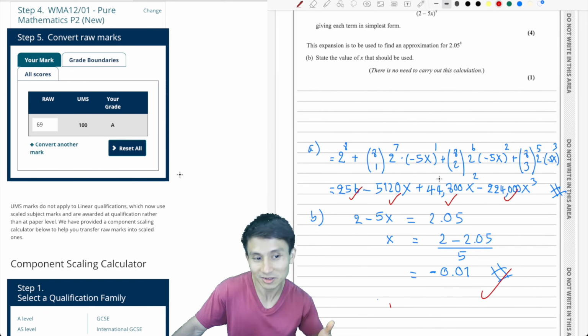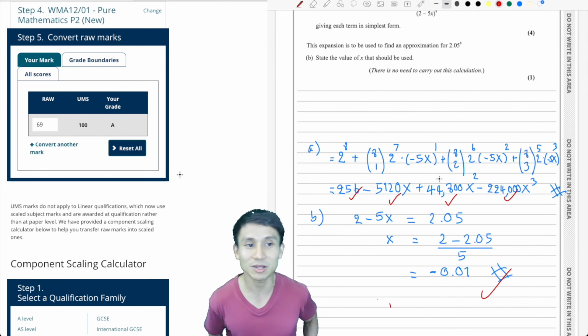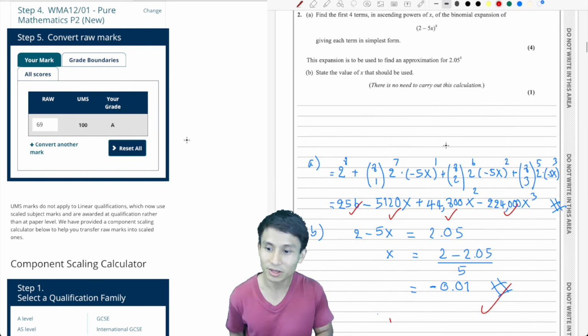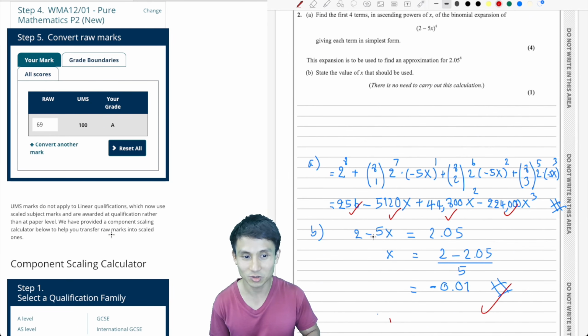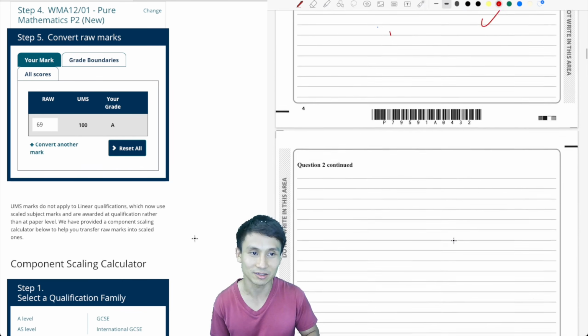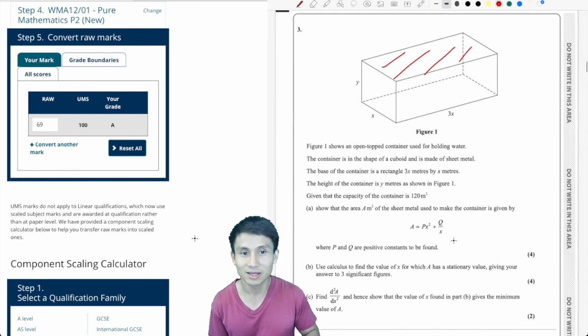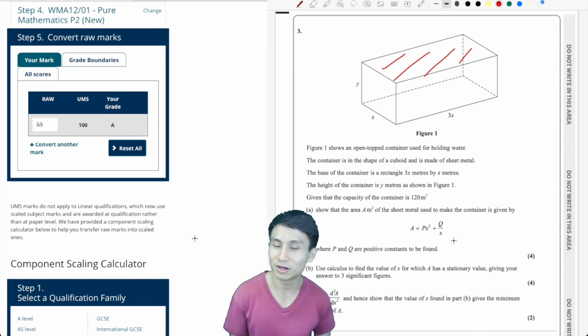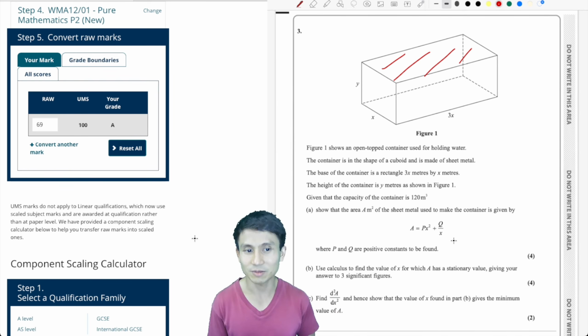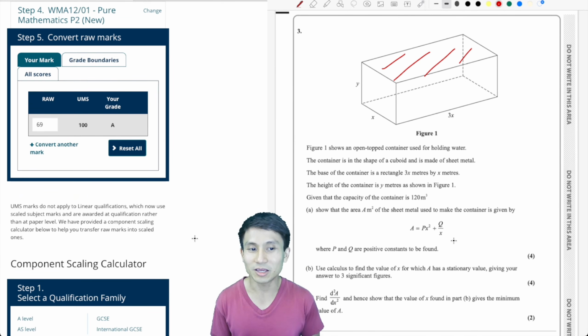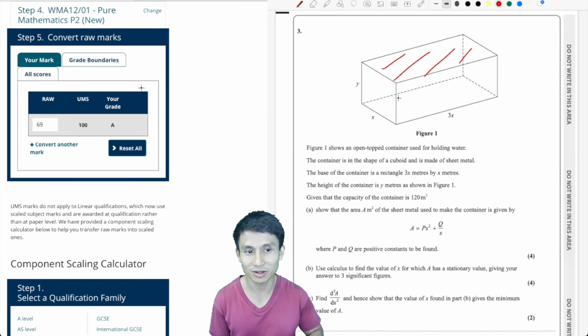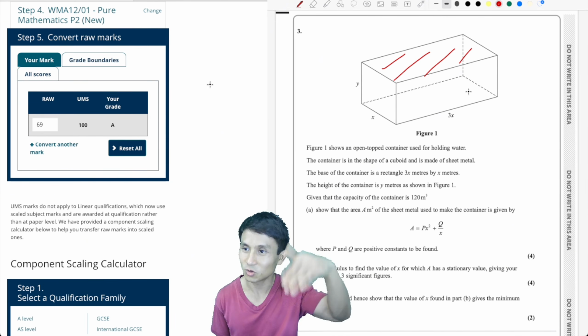You can, because you probably need to equate that. I mean, if it's not too obvious for you, then maybe you need to equate 2 minus 5x equals 2.05, right? And that's fine. So don't be alarmed by just that. This one, yeah, I made a flop. Forgot to see, but I wonder why they give you the mark though. Maybe because there is the bottom surface anyway, looking inside.